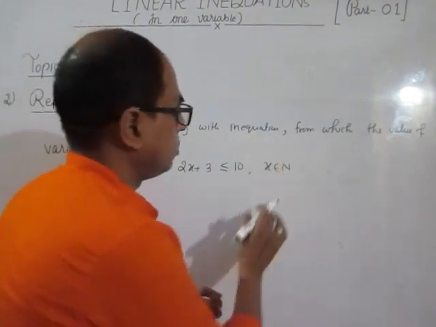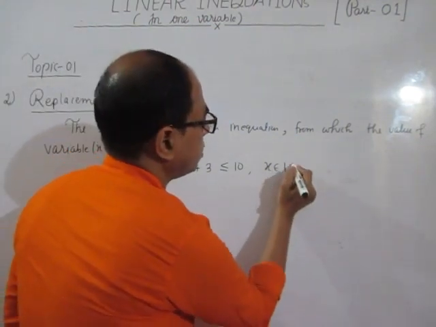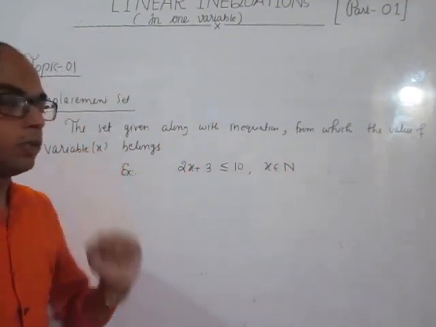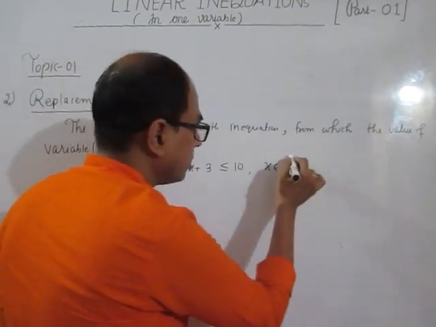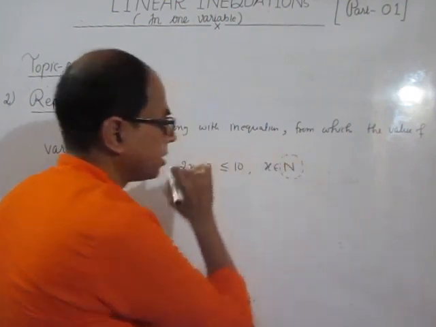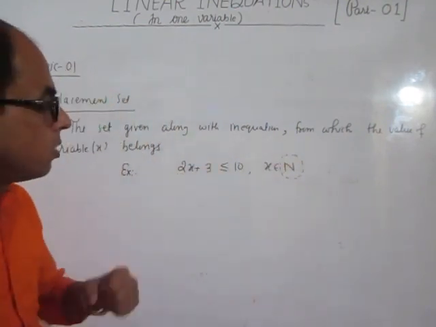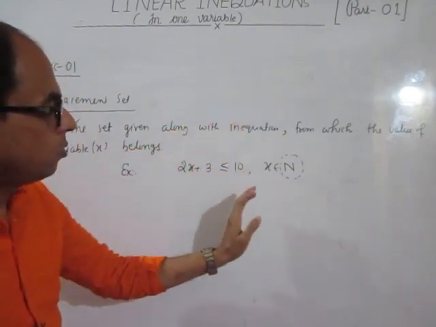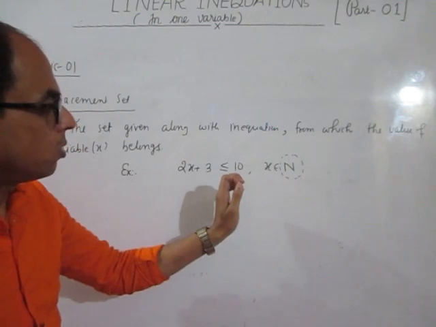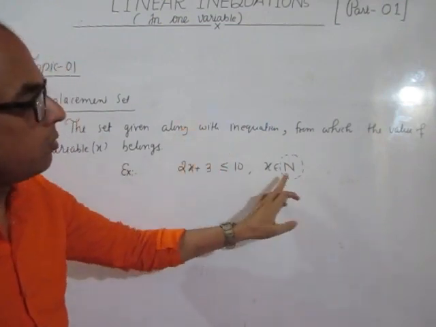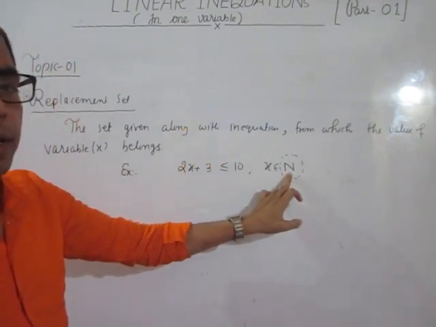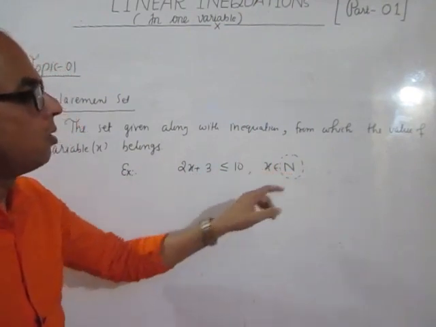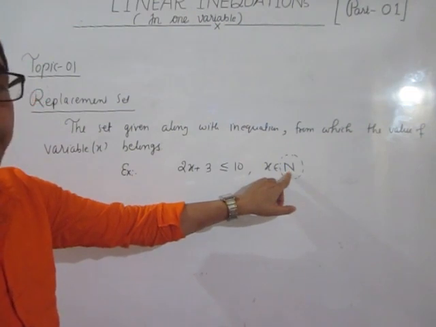This given set is called the replacement set. And what does it mean? It means we have to choose those values of x which belong to this given set. That means the solution of this inequation must belong to this set.